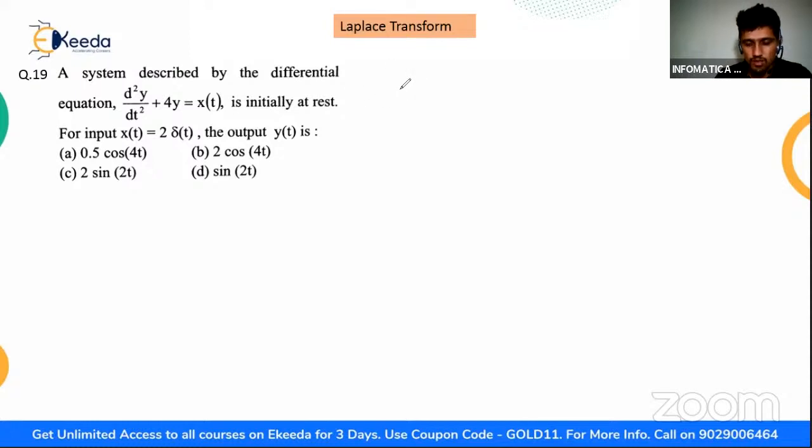We can use the Laplace transform to convert this differential equation to an algebraic equation. They mentioned that the system is initially at rest, so we will take zero initial conditions. So we will simply say s square Y(s) plus 4 s Y(s), using the differentiation property of the Laplace transform, equals X(s), and Y(s) equals X(s) divided by s square plus 4s, or s upon s plus 4.